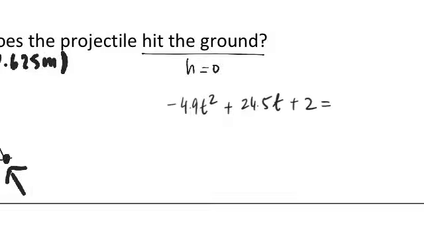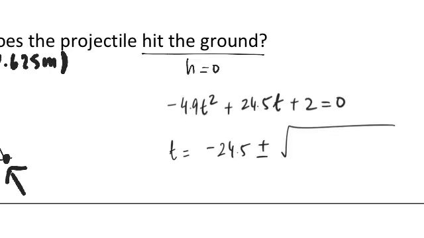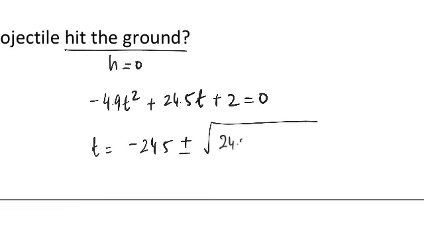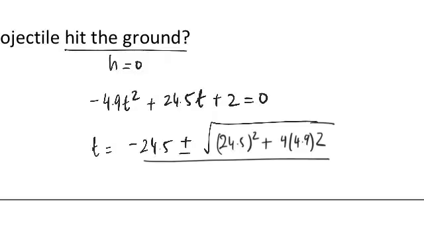So we just set the parabola to 0, and solve it using the quadratic formula, negative b plus or minus the square root of b squared minus 4ac, which becomes plus 4 times 4.9 times 2, all over 2 times negative 4.9.